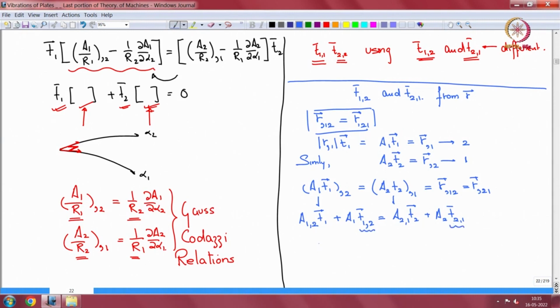Let us say T1 comma 2 is equal to 1 by A1 of A2 comma 1 T2 plus A2 T2 comma 1 minus A1 comma 2 T1.